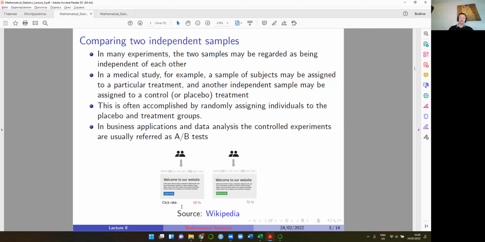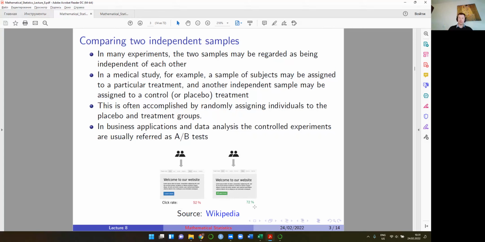We can randomly assign some users who visit our page to see this blue button, and some users randomly will see the green button with this small arrow, which probably motivates people to click there. And then we collect the data on the click rate, right? So we can see this button has been clicked by 52% of visitors, and this button has been clicked by 72% of visitors.